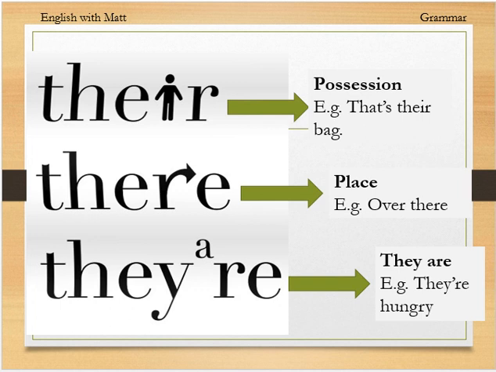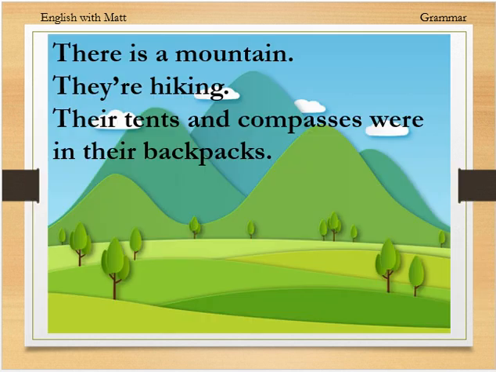Okay, so it's important that we don't get these confused in any English or language course, or indeed in any of our writing really, because you would risk being seen as inaccurate. So if we take this idea of going hiking, maybe up a mountain, using that same analogy, there is a mountain, they are hiking, their tents and compasses were in their backpacks.